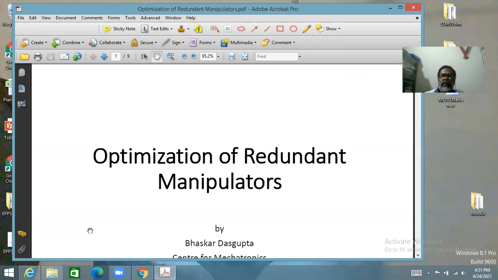In fact, what this document does not contain, but preferably should have contained, is the name of the book from where this material has been compiled. The name of the book is Redundancy and Optimization by Yoshihiko Nakamura.